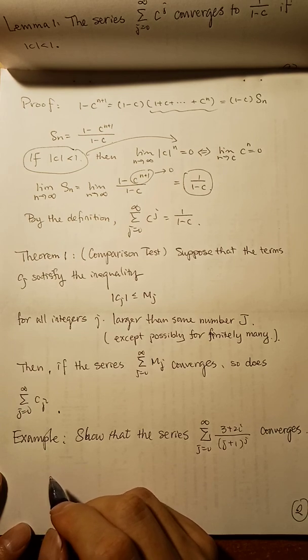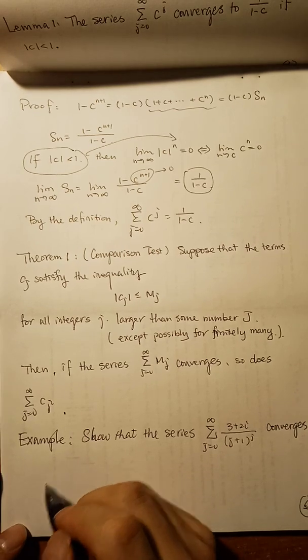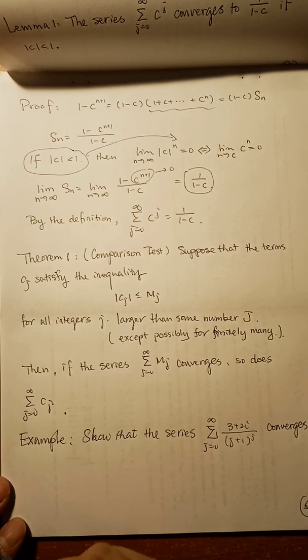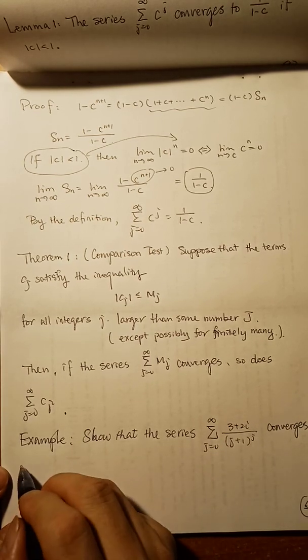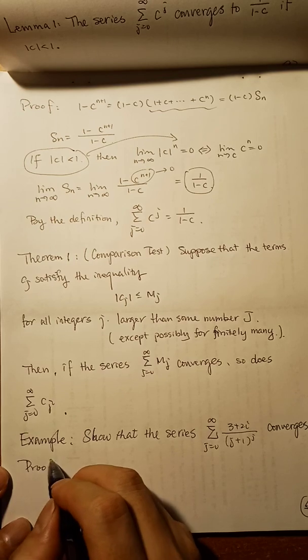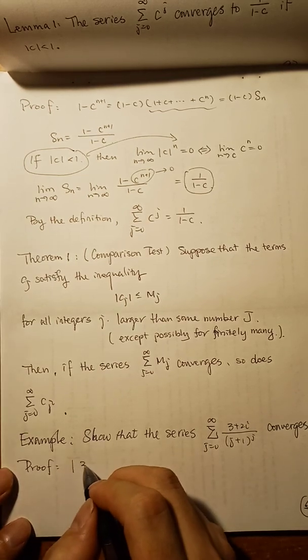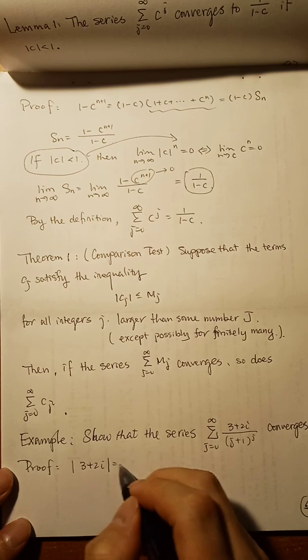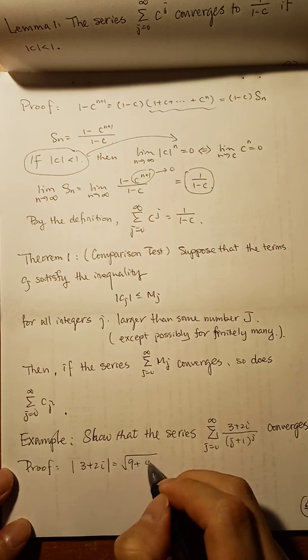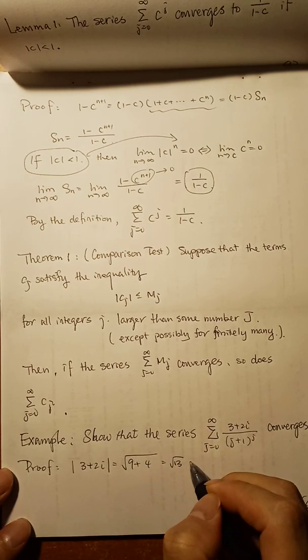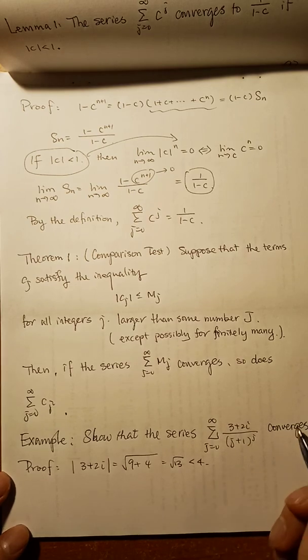Let's see. So the absolute value of 3 plus 2i is the square root of 9 plus 4, the square root of 13. The square root of 13 is less than 4.